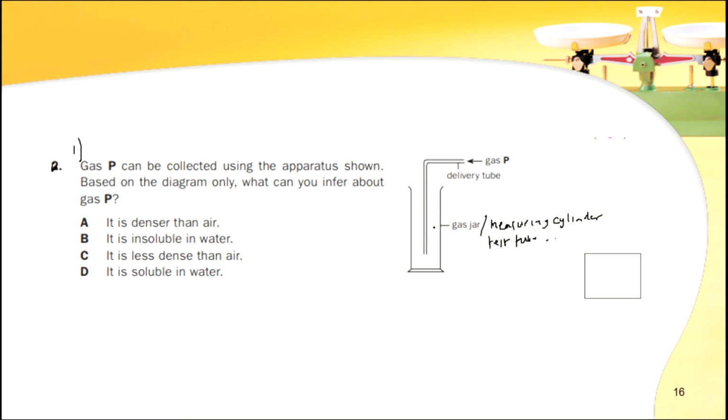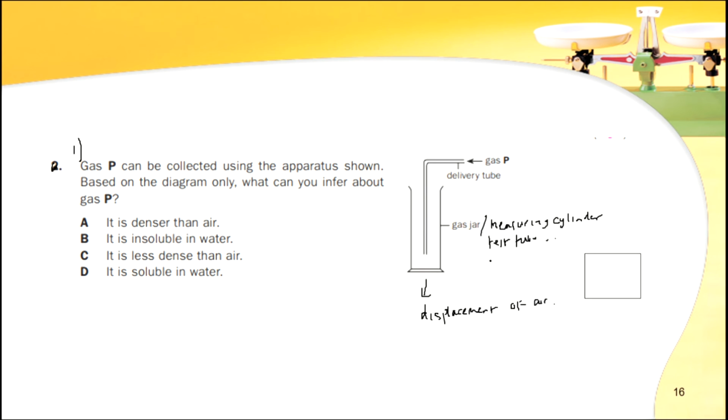This is the set of apparatus, gas jar, the delivery tube, and this is gas P. What is correct? It is denser than the air, it is insoluble in water. It is less dense than the air, it is soluble in water. This method is known as displacement of air.